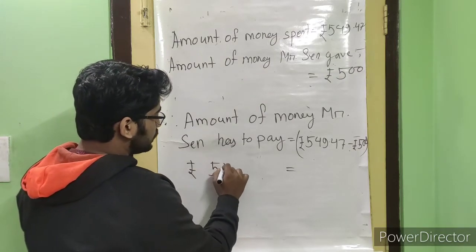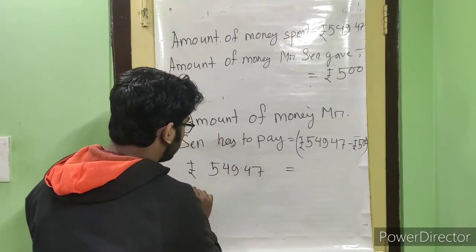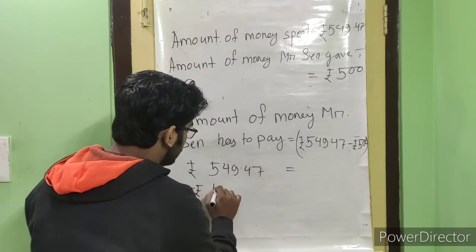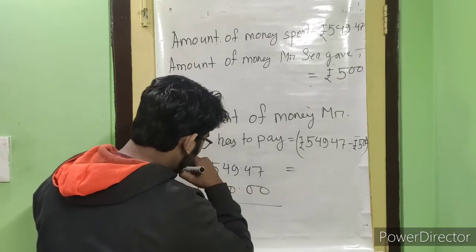Rupees 549.47 minus rupees 500. 2 zeros will be there.